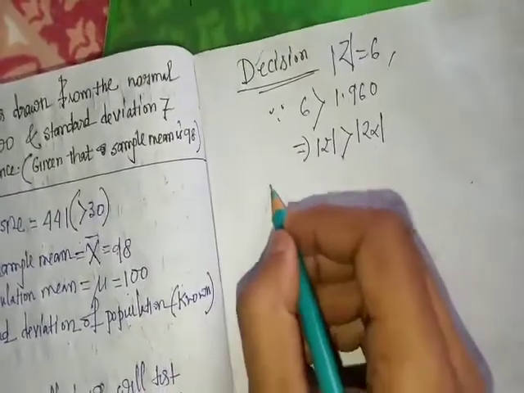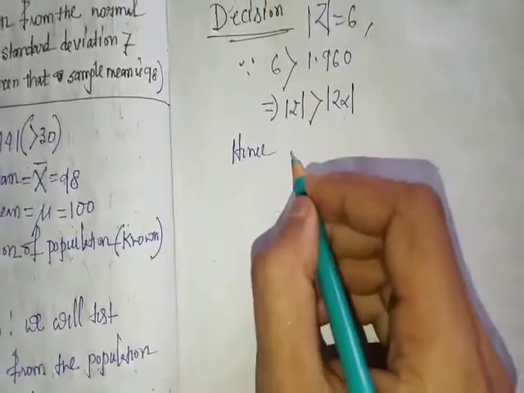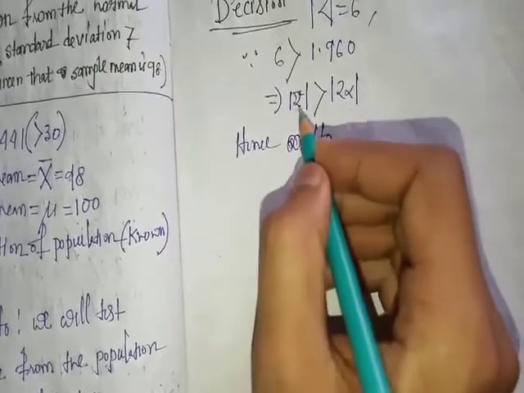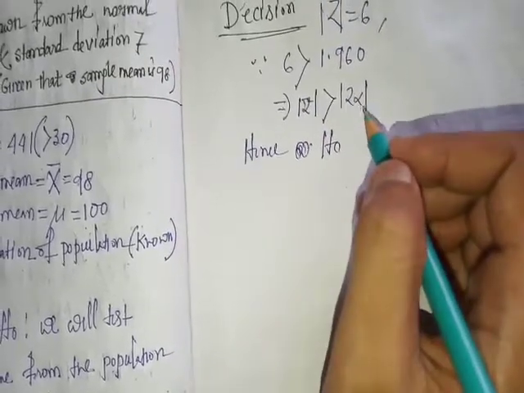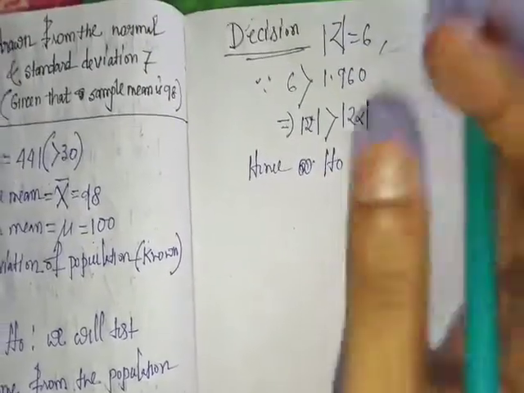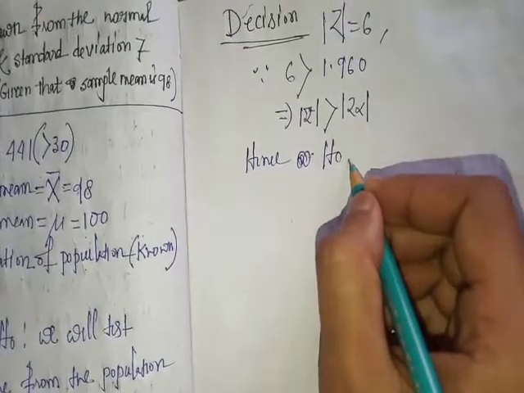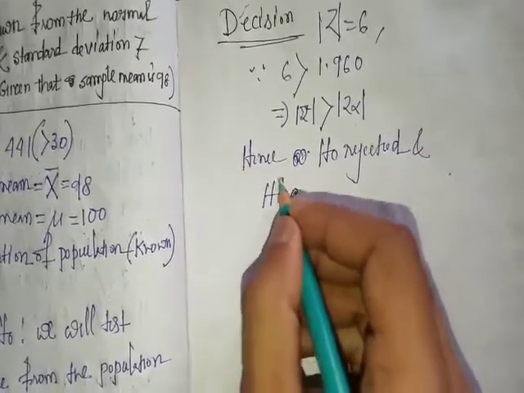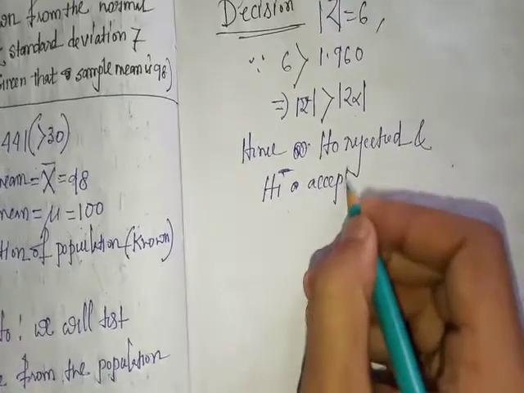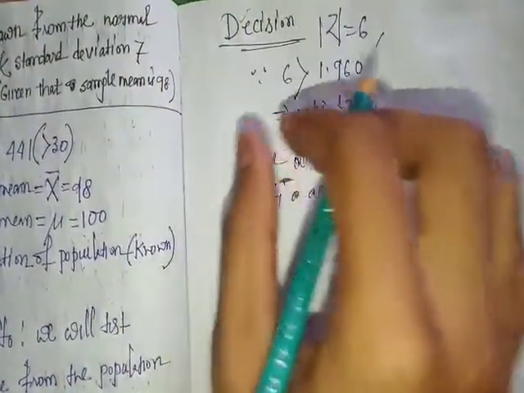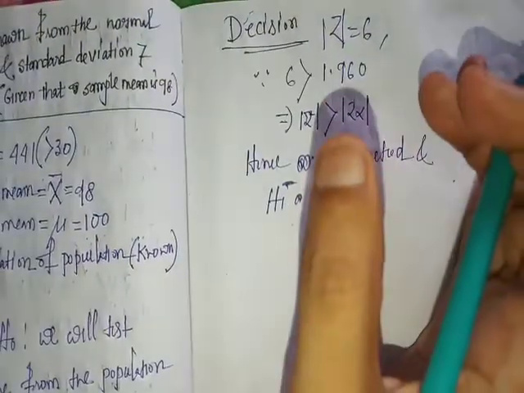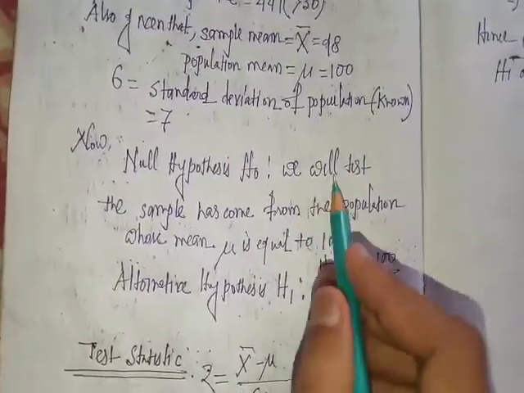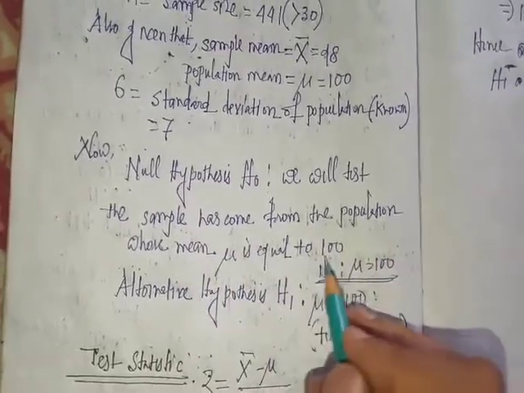Hence we reject the null hypothesis. Since the calculated value is greater than the tabulated value, we reject H naught and accept H1.